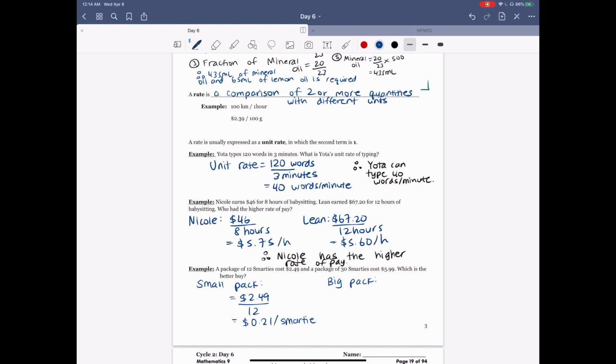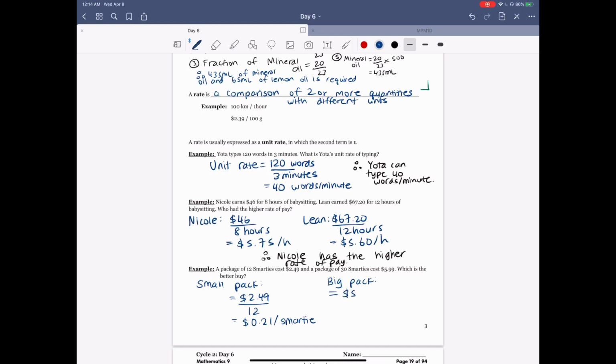Well, you're trying to figure out how much it is per item. Doesn't really make sense to try to figure it out as how many Smarties $1 gives you. Keep in mind, you can still compare it that way, but it might be more common to compare it as money per item, right?